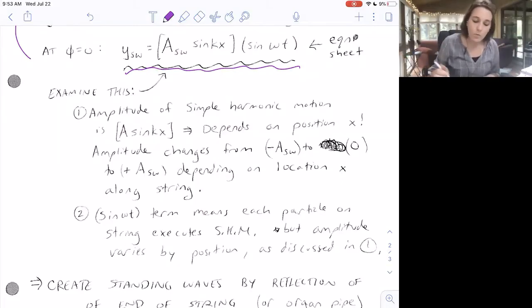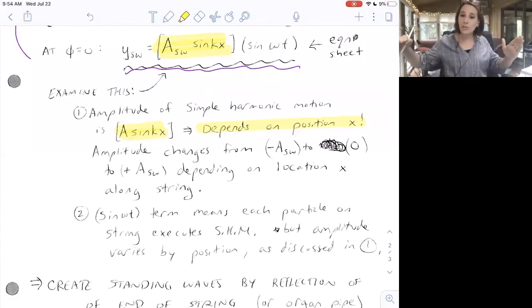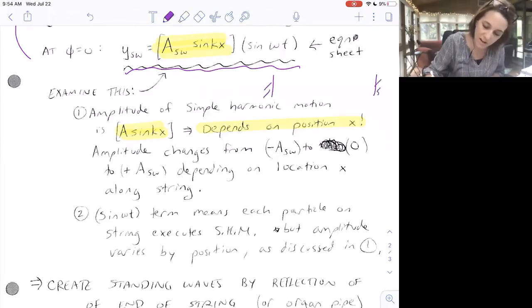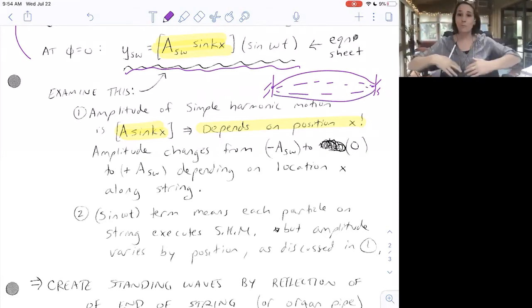So basically, if we look at this first term, this is our standing wave vertical position. The amplitude is going to depend on the position. Sine of kx depends on where you are along the string. If we imagine one of these standing waves like this, it's going to oscillate up and down and up and down, and that's again caused by two traveling waves.